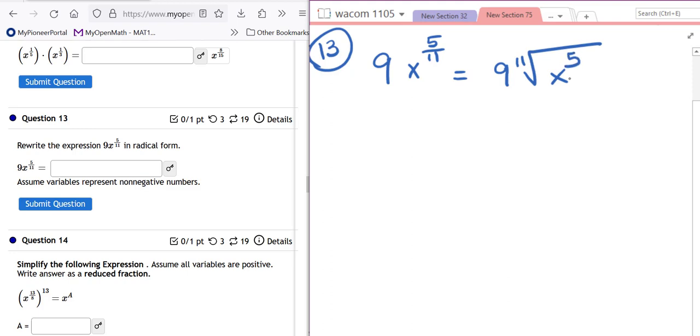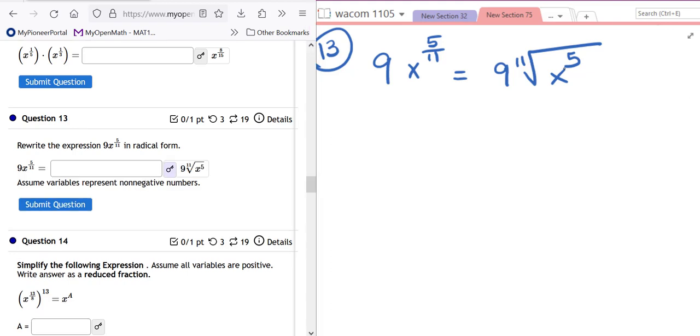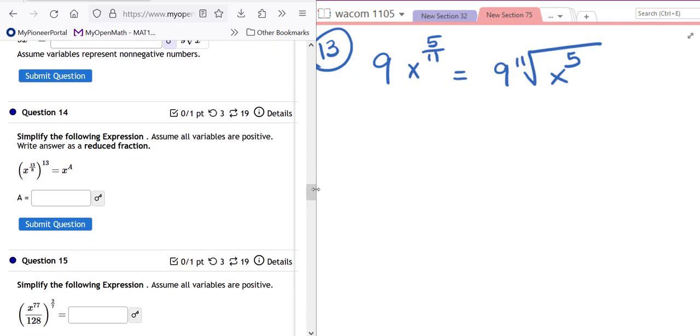This is a place where I would put the 5 on the inside because you're not able to simplify the 11th root of x. So just go ahead and put the 5 in there to make it a little bit cleaner. When we had numbers and we could do something else, we were putting it on the outside. So we're good there.